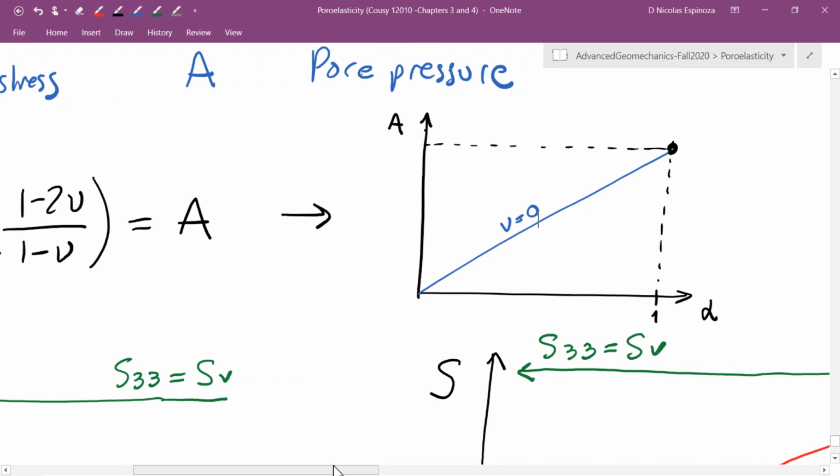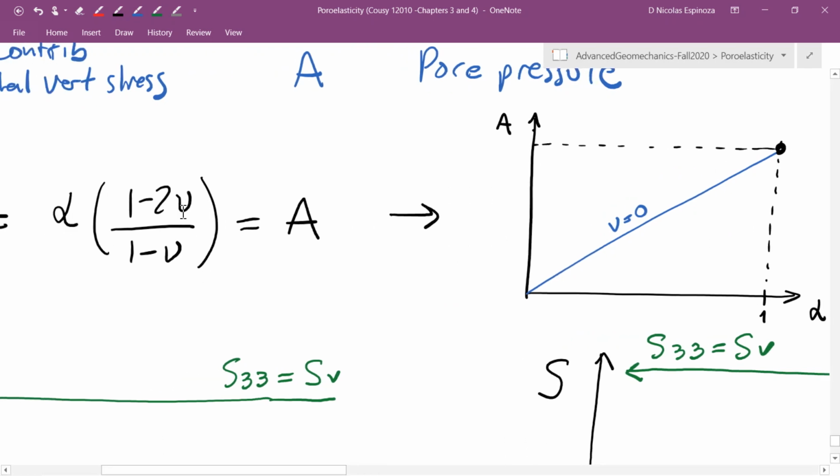And for example, for a more typical Poisson ratio like 0.25, if Poisson ratio is 0.25 and let's say the Biot coefficient still is equal to 1, then this is going to be 0.5 divided by 0.75, and that's equal to 0.66666 periodic. And so here this case is 1, and let's say for example this case is 0.5.